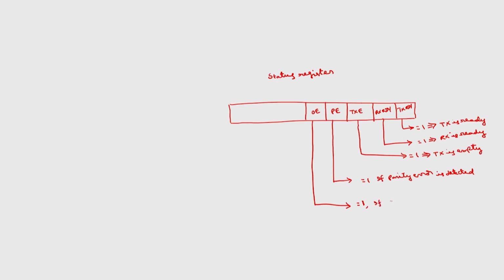That is, the CPU or microprocessor does not accept or use the character before the arrival of the next character.